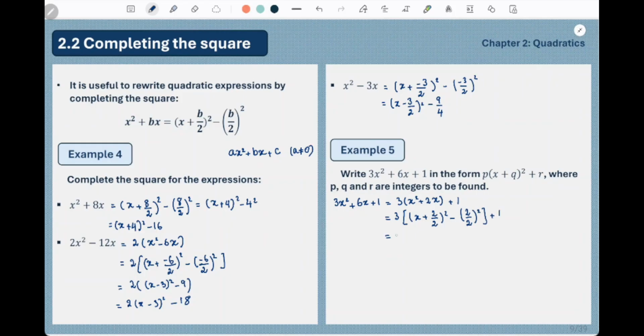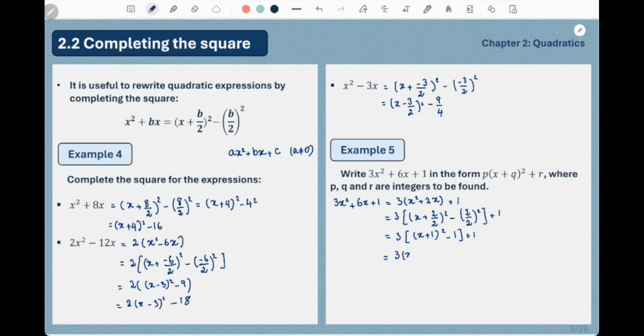Simplifying whatever is in this big one: 3 times x plus 1 squared minus 2 over 2, which is minus 1, plus 1. And to avoid the mistake that students often make, when you expand, it applies also to the minus 1, as I said earlier with the previous one.